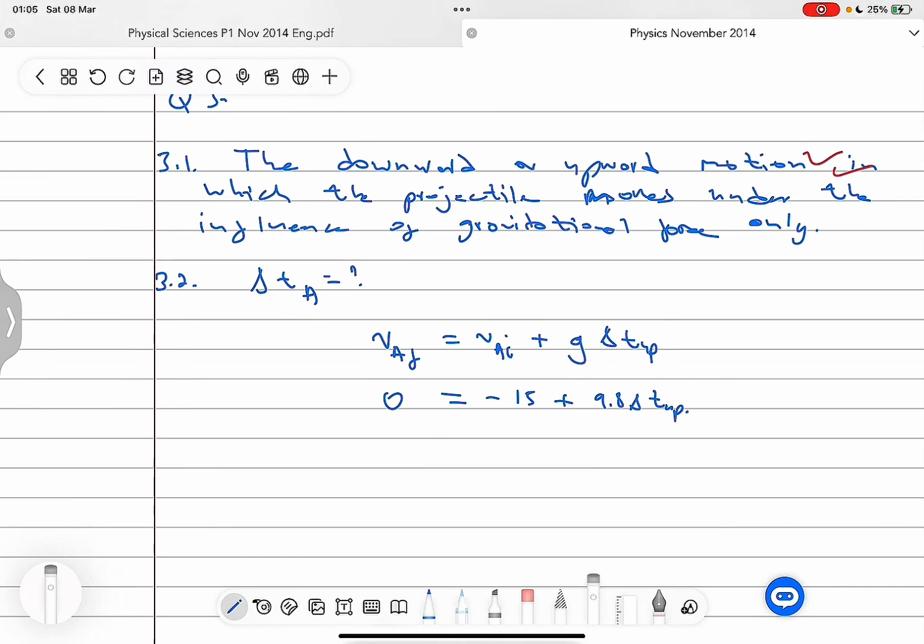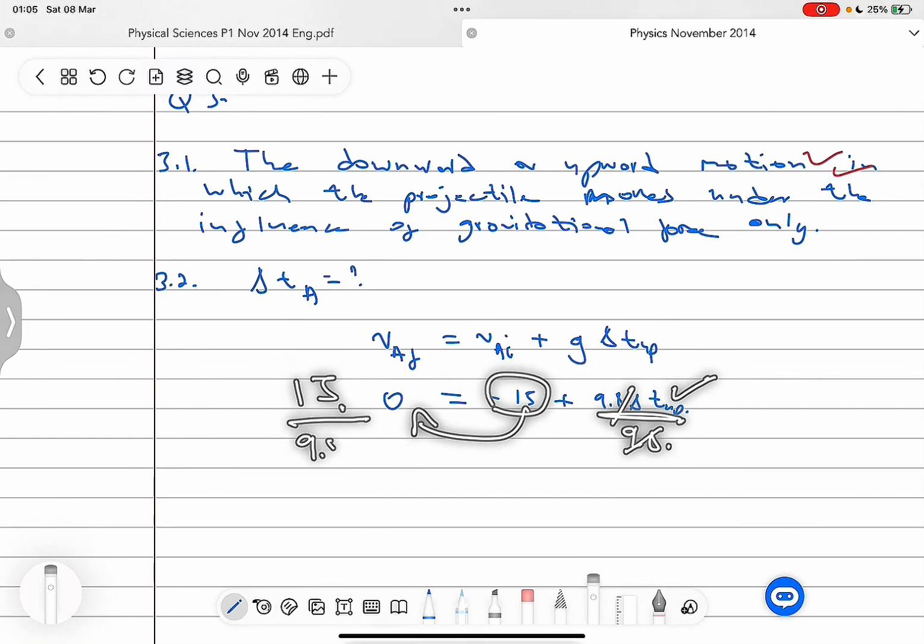And from here we can simply use a calculator. We are going to take the 15 to this side so that we have a positive 15, and this side I'm left with 9.8 times the change in time it takes to go up. Now I'm going to divide by 9.8 so that they cancel, and I'm left only with this.